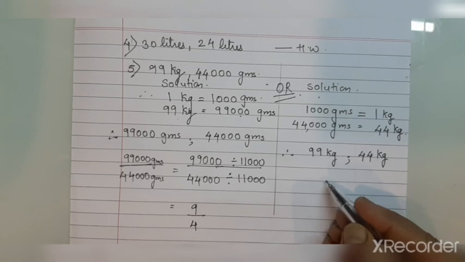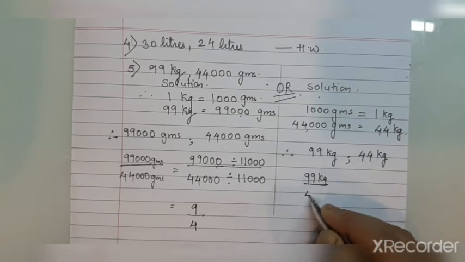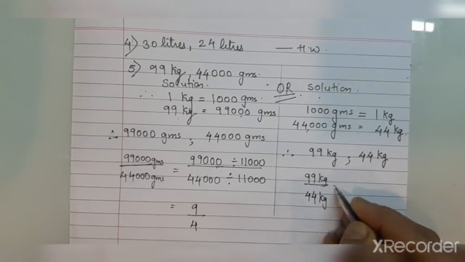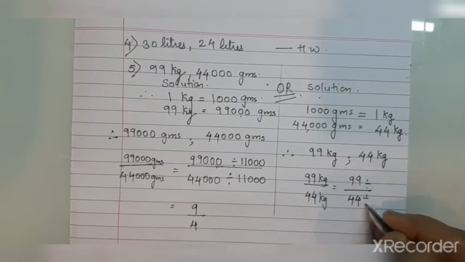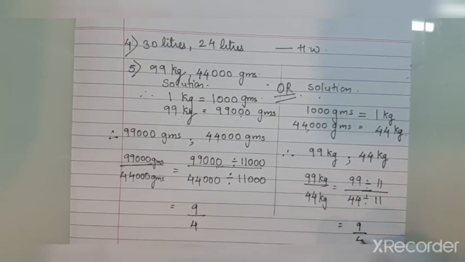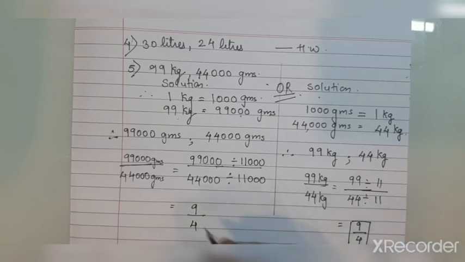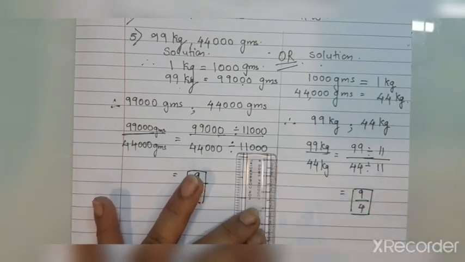Or if you are doing by this method, it is 99 kg upon 44 kg. So now 99 and 44, they are the multiples of 11. Therefore 9 upon 4. The answer you will get is the same. But in the first sum, every time I will not show you both the methods. I am just showing you in one sum.